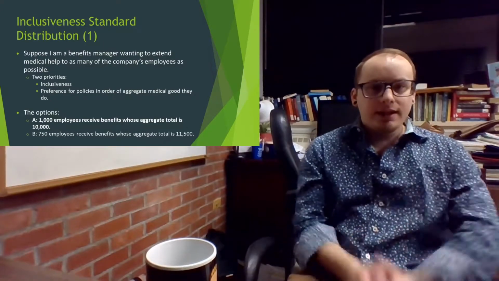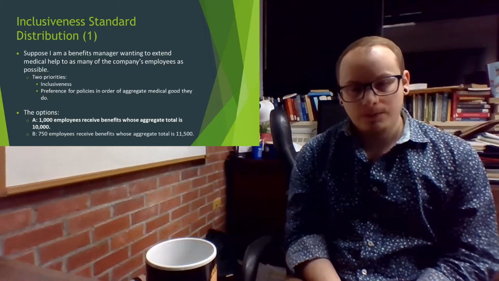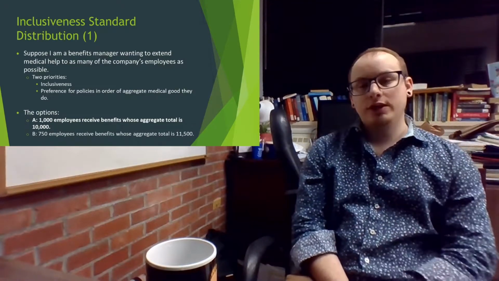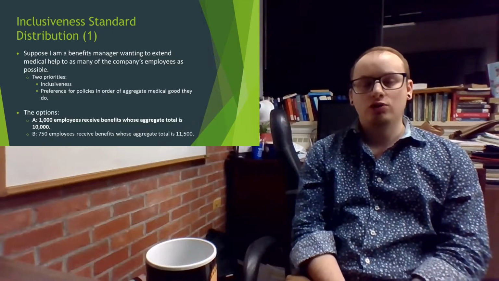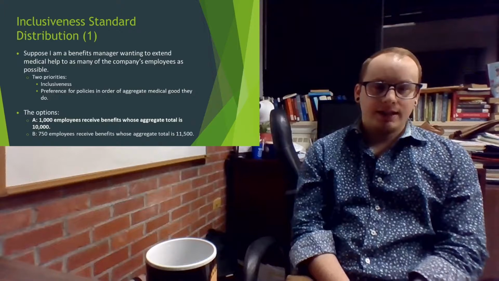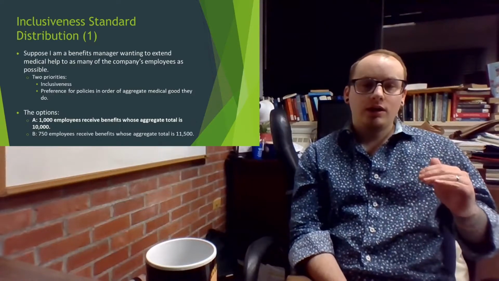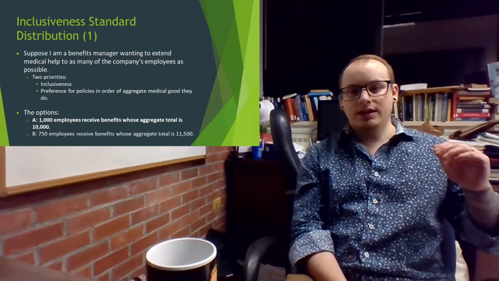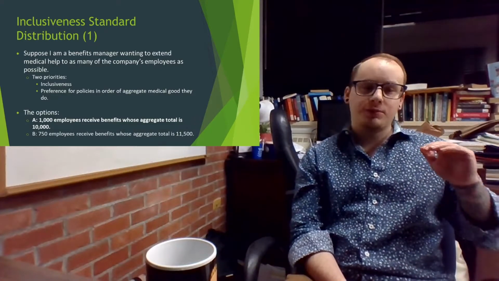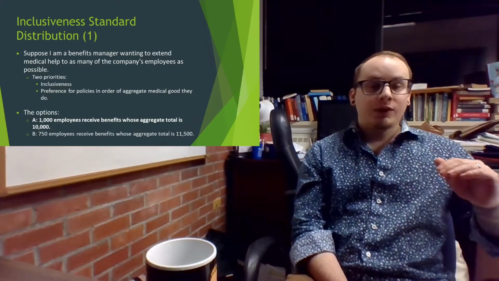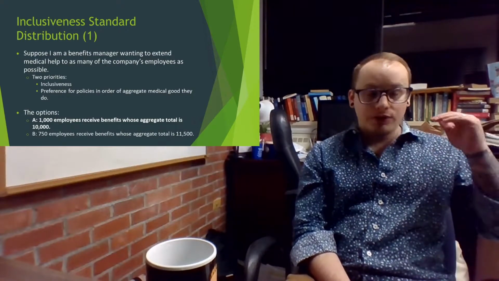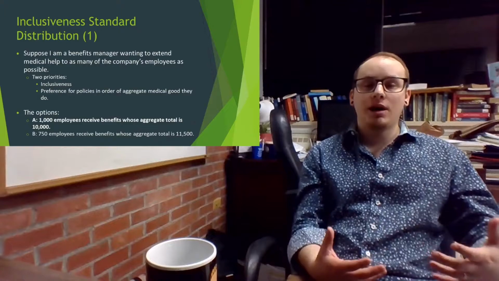Now, what might then the inclusiveness standard argue? It would prefer option A, where 1,000 employees receive benefits whose aggregate total is 10,000. The reason is that, one, we already have then seen that the aggregate is pretty close to option B, but the difference is we have a good 25% more number of employees that can be affected by this policy.